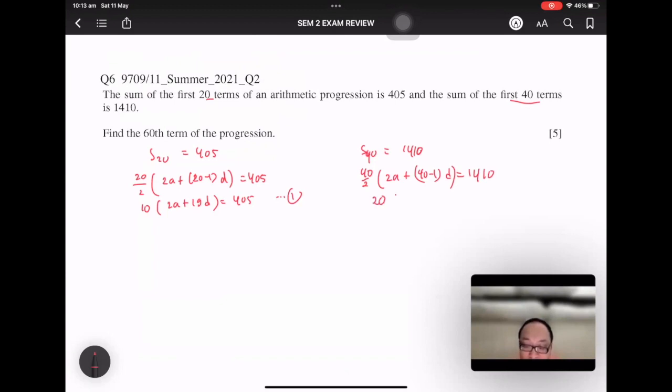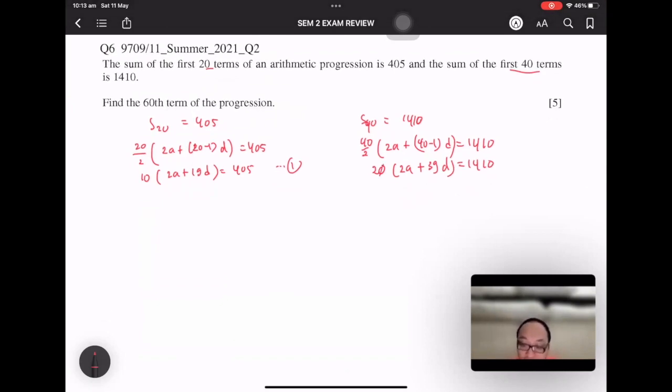So it's 20(2a+39d) equals 1410. Okay, so I divide by 10. So 2a+39d equals 141. Okay, now we have to do simultaneous equations.